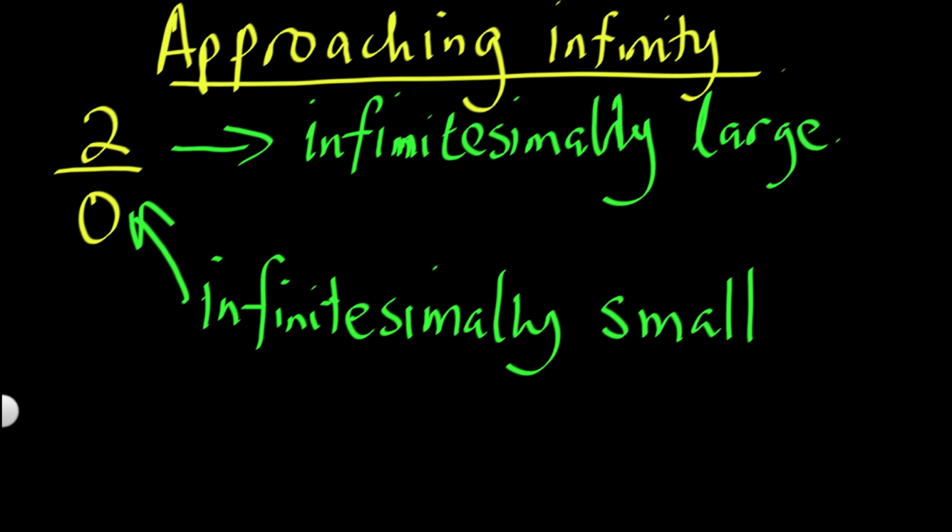This is what it means. So you are dividing a number by a very small number. Your answer should be infinitesimally large itself. That's why we call it infinity. So this infinitesimally large number is actually infinity. That's what we mean by infinity. This is another way of explaining this.